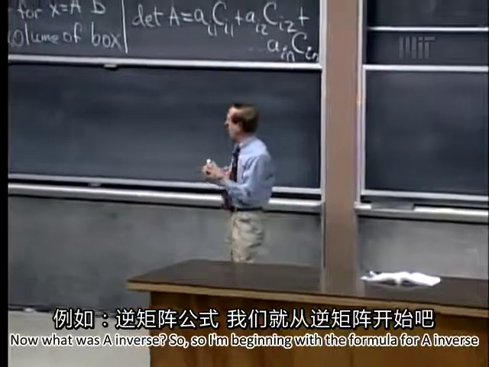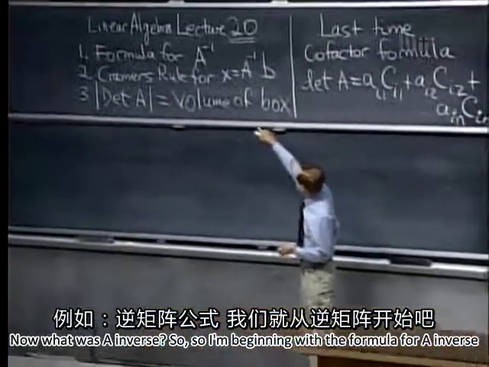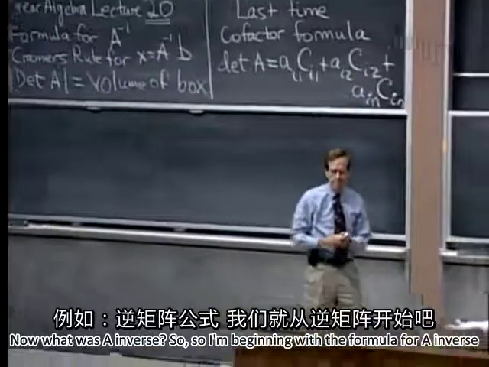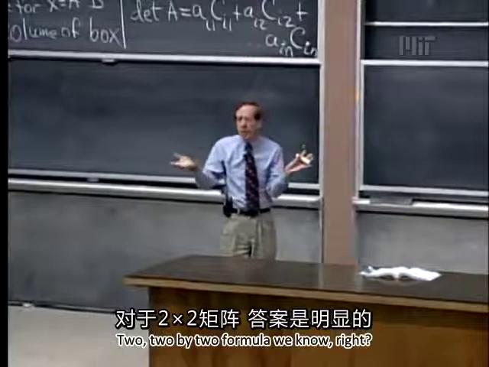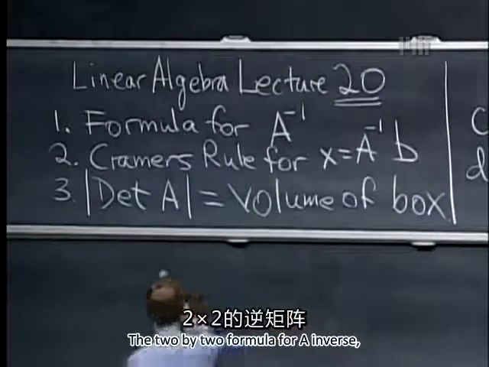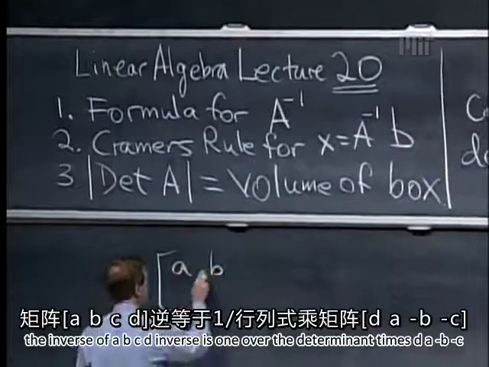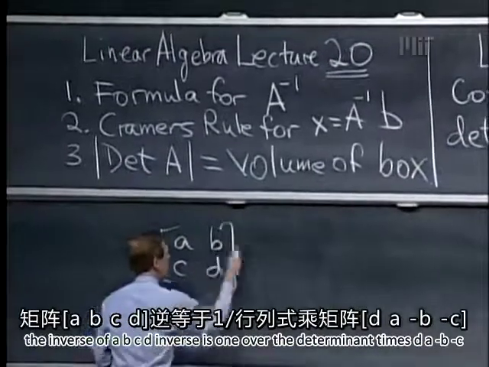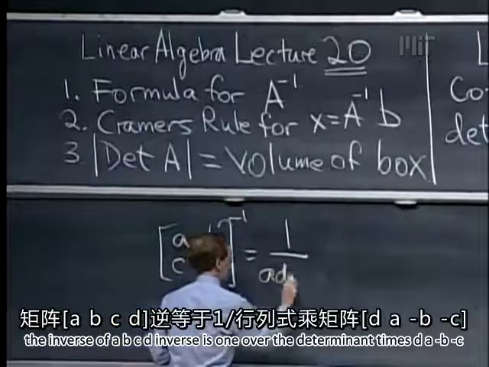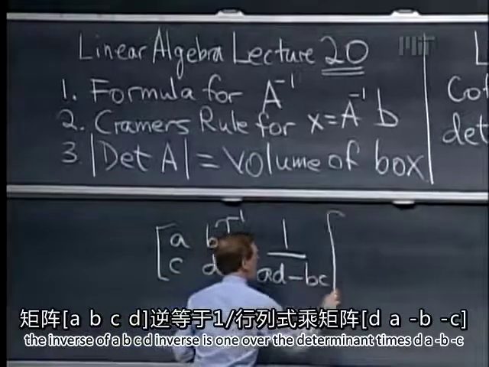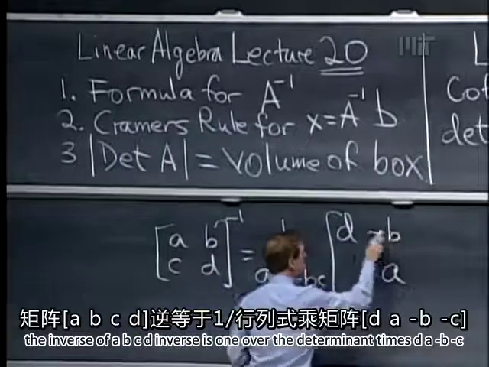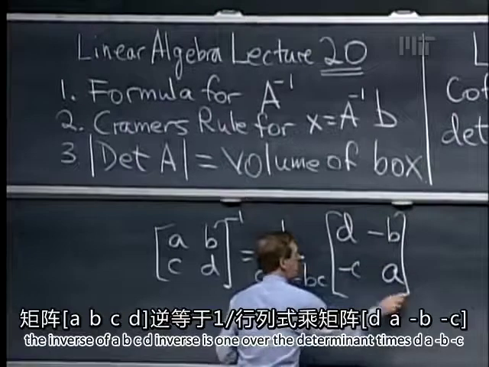Now, what was A inverse? So I'm beginning with the formula for A inverse. The 2 by 2 formula we know, right? The inverse of [A, B; C, D] is 1 over the determinant times [D, minus B; minus C, A].